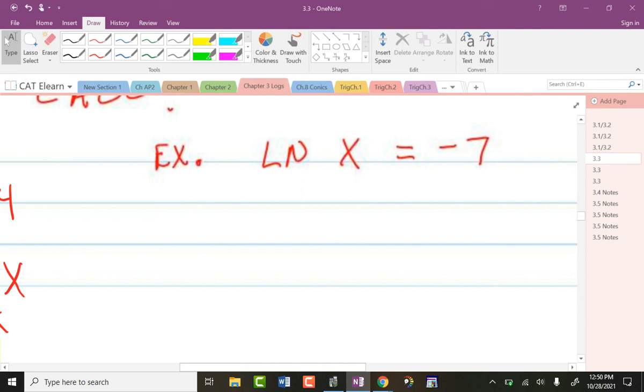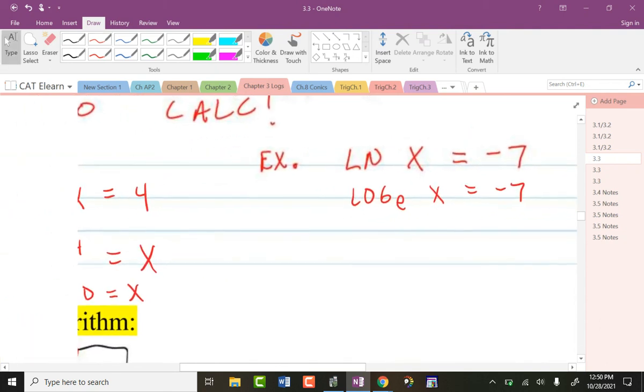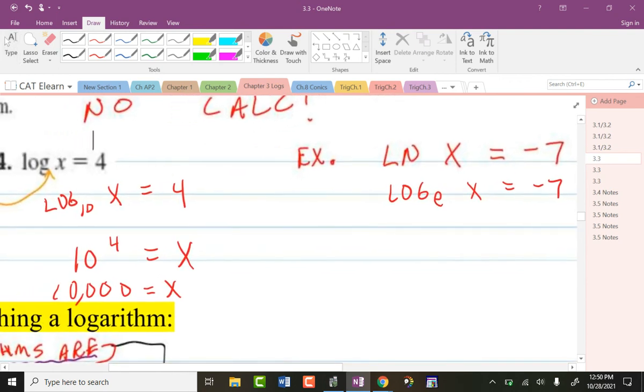Let's end with Jake. Jake, what's ln? Log base what? Okay, so it's log base e. This is no calculator, so you're just going to have to write this in terms of e. So go ahead and change that to an exponent. You have to do almost the same exact thing that the last student did.